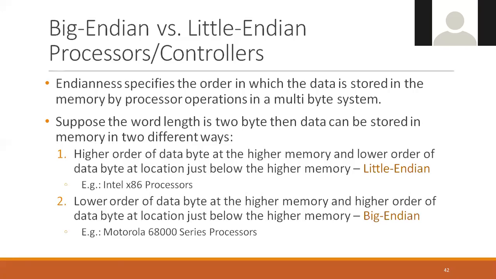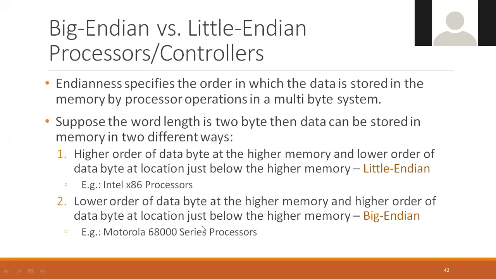Suppose the word length is 2 bytes, then data can be stored in memory in two different ways. The higher order data byte is stored in the higher memory and the lower order data byte just below it. That is called little endian. The higher order byte is stored in the higher order memory and the lower order byte in the lower memory.